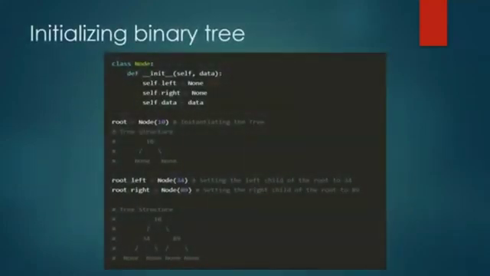Initializing the binary tree: let us take the root as node 10. We are initializing the tree in this step. For now, the tree has no children, as we can see, 10 has no child. Now we assign the left and right children as 34 and 89, for example: the left child value as 34 and the right child value as 89. Here we can see the tree has two more children, 34 and 89.